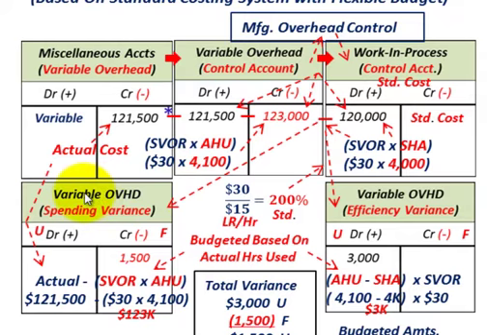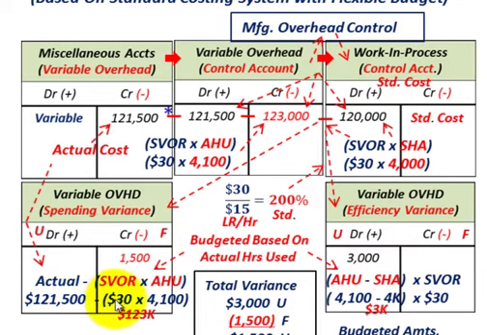Starting with the variable overhead spending variance, we take our actual amount, $121,500, and compare it to our standard variable overhead rate of $30 per hour times the actual hours used of 4,100 hours, which is $123,000.